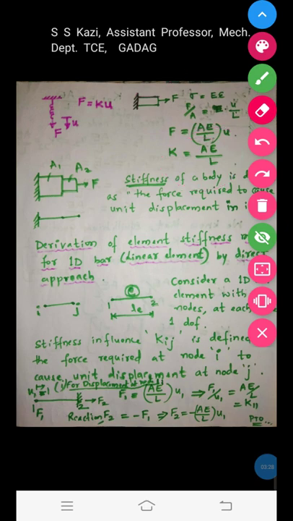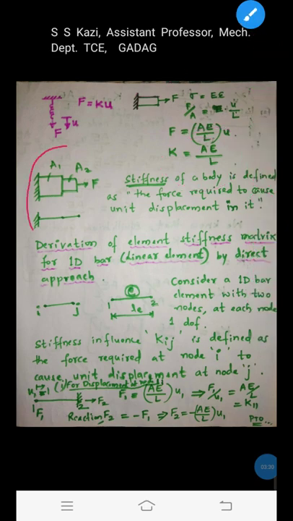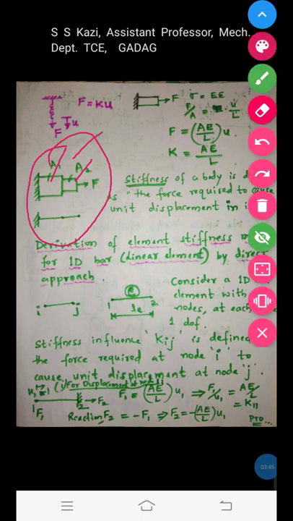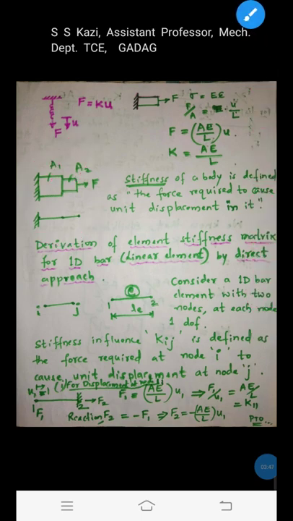Now if, for example, you consider this stepped bar, finding the stiffness value is more complex, because this stepped bar has a change in cross section, so each step has a different cross sectional area, that is A1 and A2. So let us discretize this stepped bar into two pieces, that is two parts.